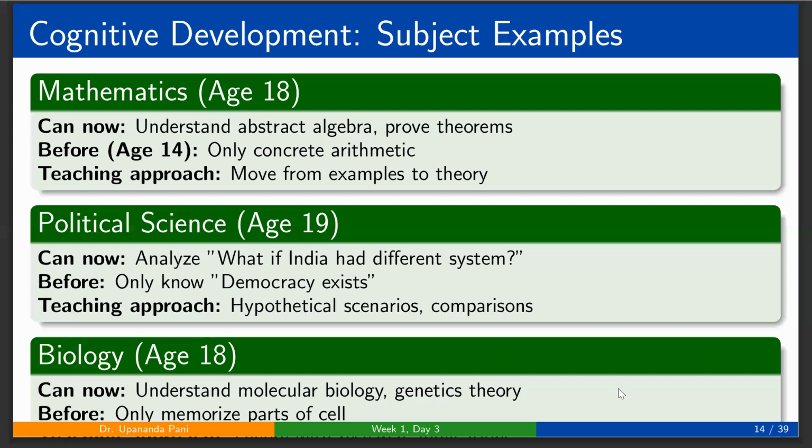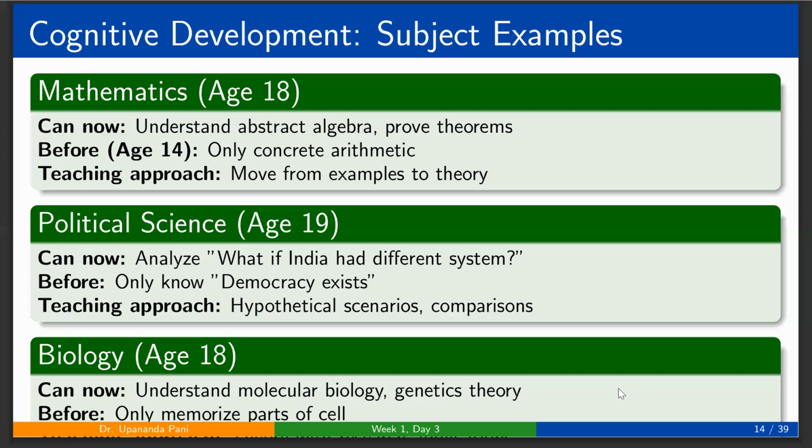Now cognitive development examples, if you see, suppose for example in mathematics, let's say that the learner age is 18, so now they can understand the abstract algebra, prove theorems. But before, let's say that at age 14 they only do concrete arithmetic.